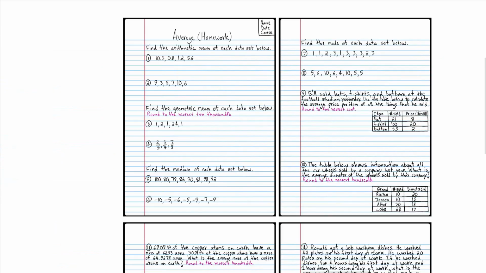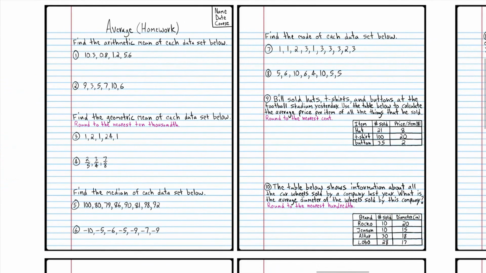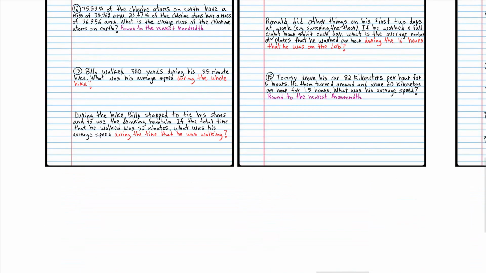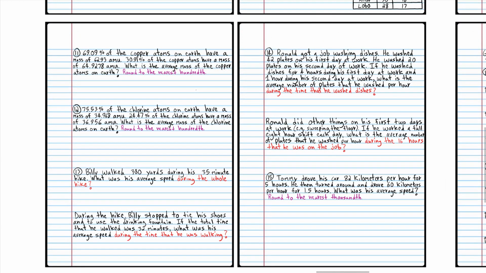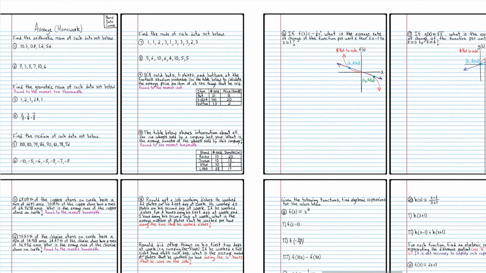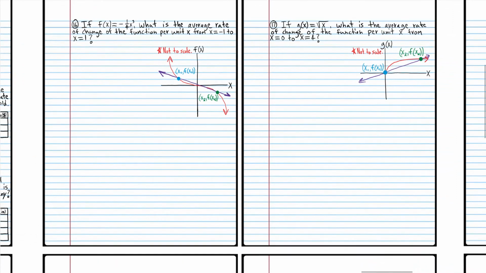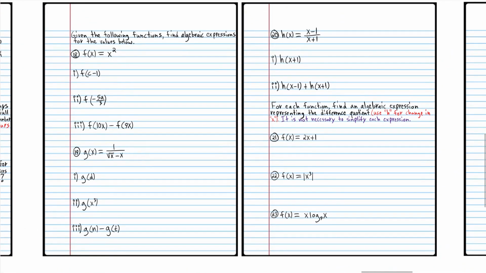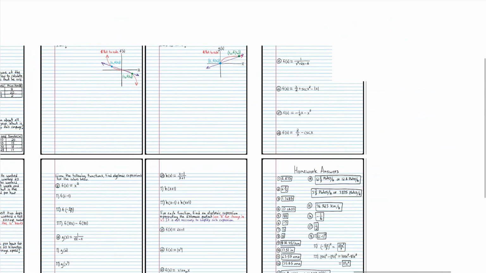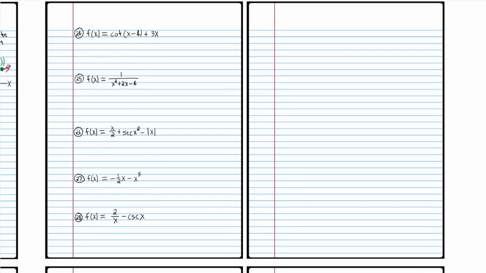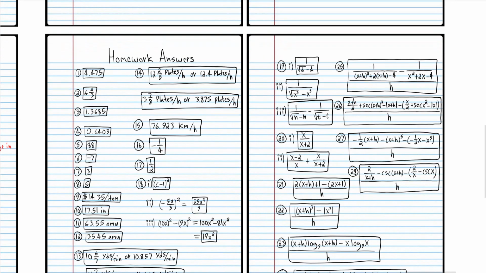And don't go before you get the homework. Remember, the homework is not optional. Here's screenshot number 1 of the homework, and number 2, and number 3, number 4, number 5, and here's the answers to the homework.